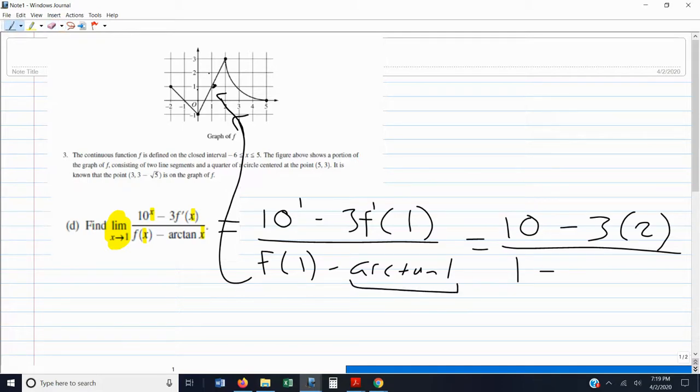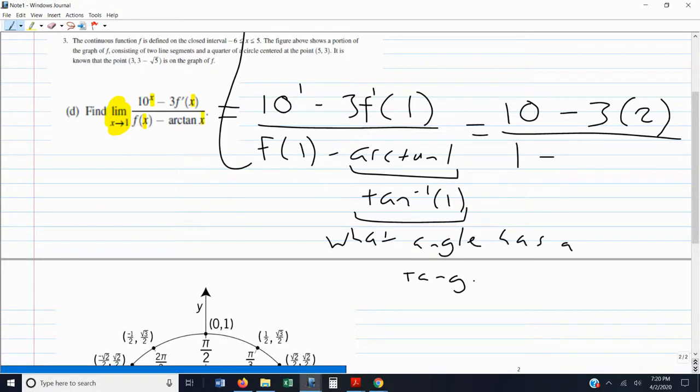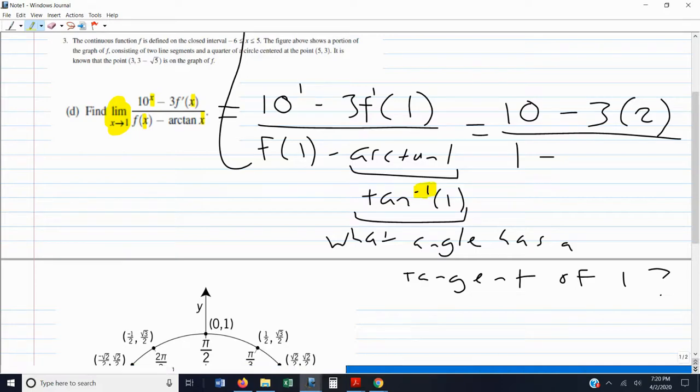Arctan is the same thing as inverse tan. That notation is also a little bit tough, but the inverse is always asking for an angle. So this is saying what angle has a tangent of 1? Whenever you see that inverse, it's looking for an angle. So what angle has a tangent of 1?